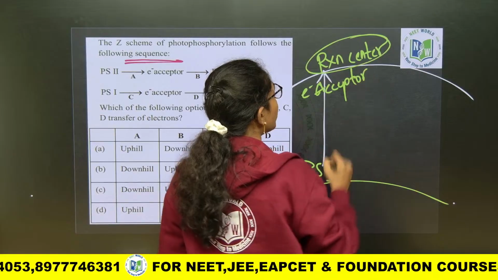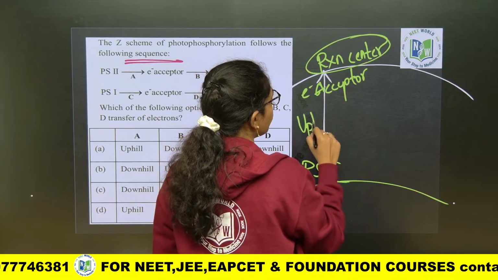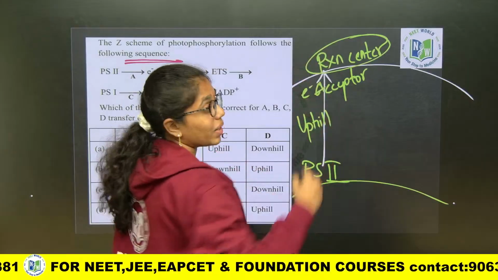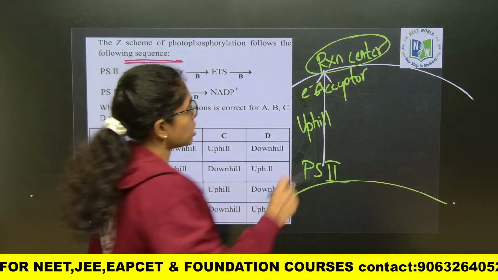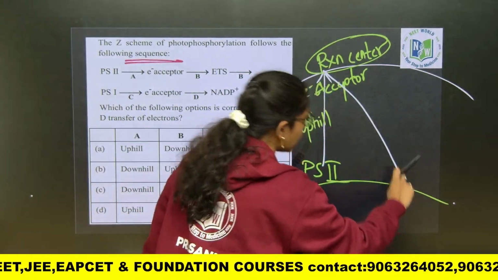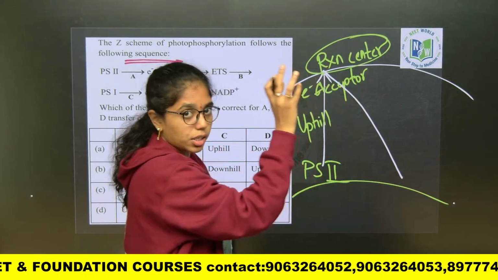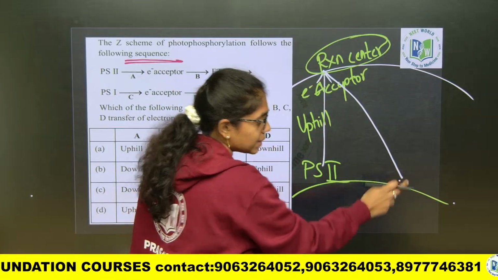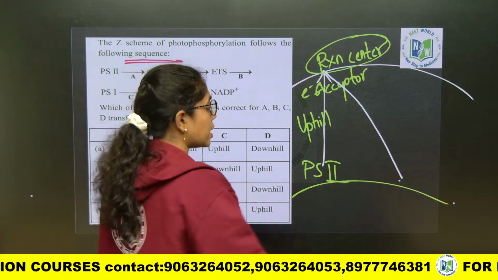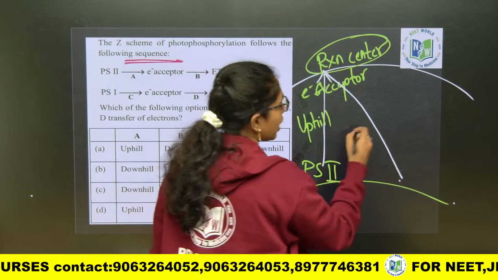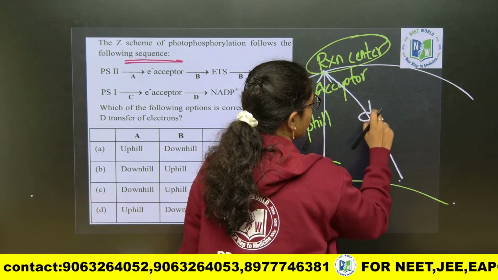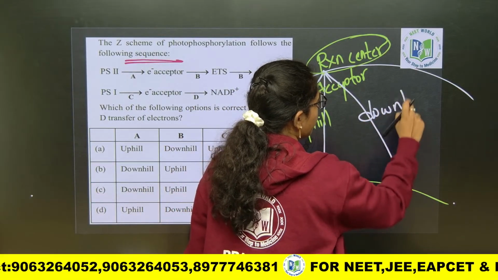What movement of electrons is this, ma? Uphill movement of electrons. And the continuous chain from the reaction center to the primary electron acceptor, that is pheophytin, to the last electron acceptor of PS2, that is plastocyanin, the electron transport is downhill.